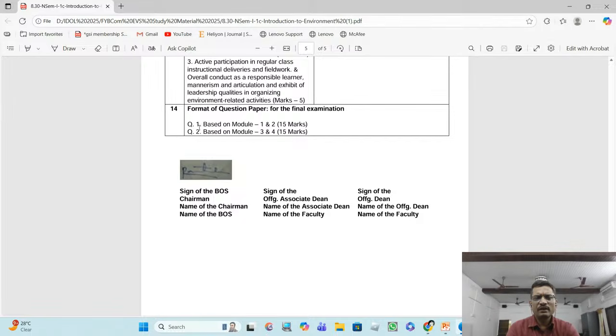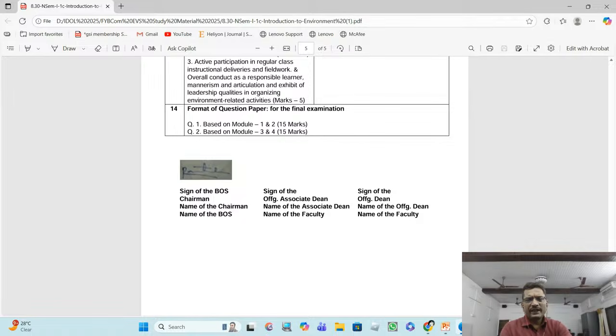Question number one will be based on module one and module two, for 15 marks. It might be divided into 7 and 8 marks within question number one. Question number two will be based on module three and module four, for 15 marks again, with one question of 7.5 marks and a second question of 7.5 marks.